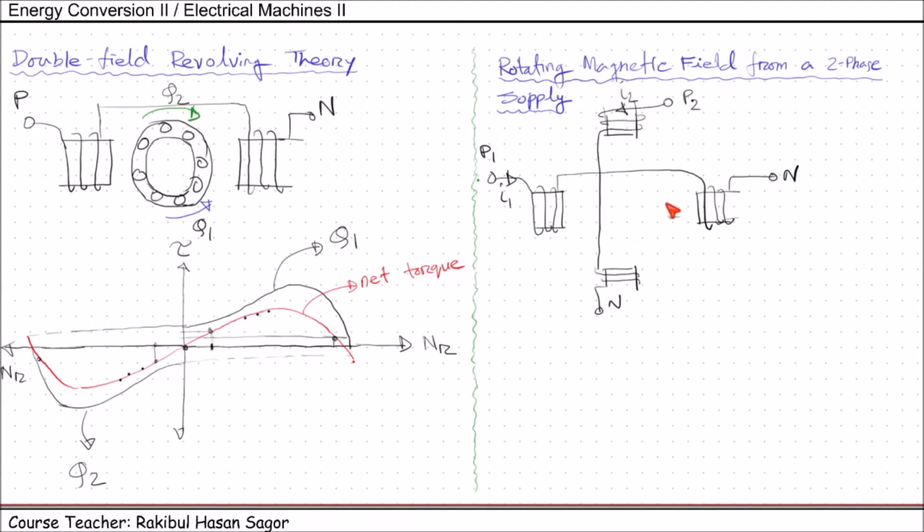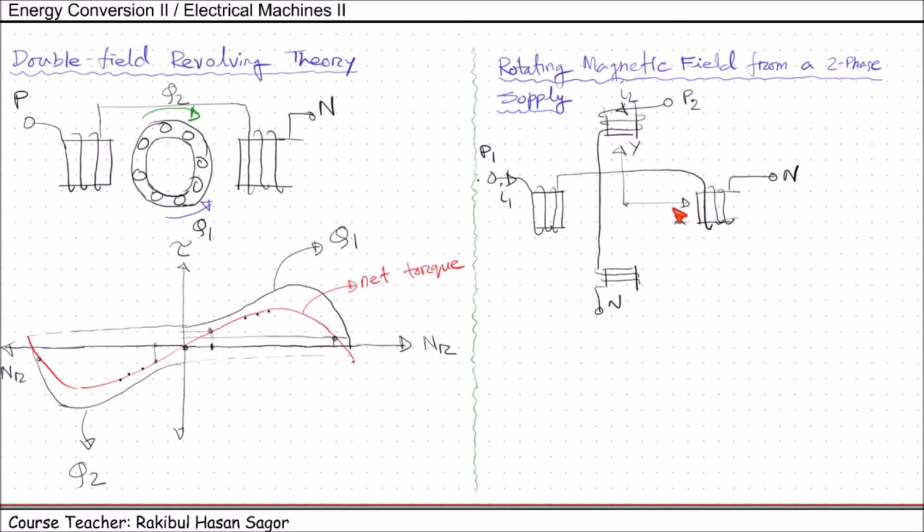So there will be a pulsating magnetic field in this direction and in this direction. We'll have a magnetic field in the x-axis direction and another magnetic field in the y-axis direction. The magnetic field created in both the x-axis and y-axis is sinusoidal in nature.